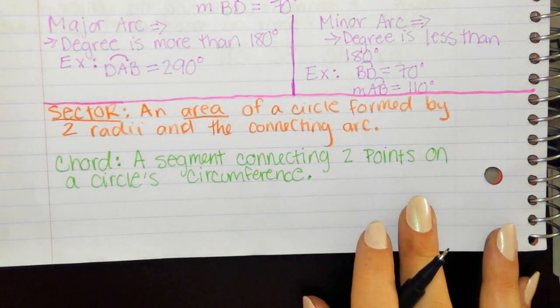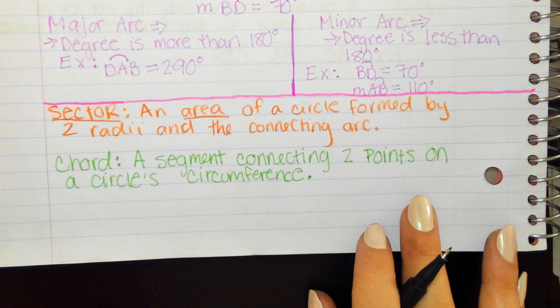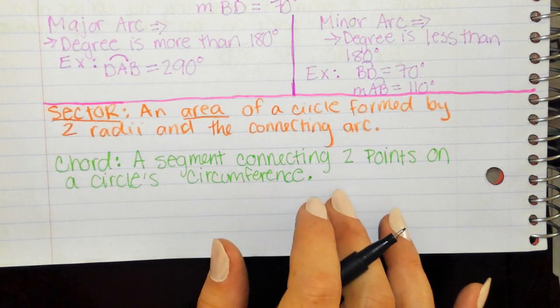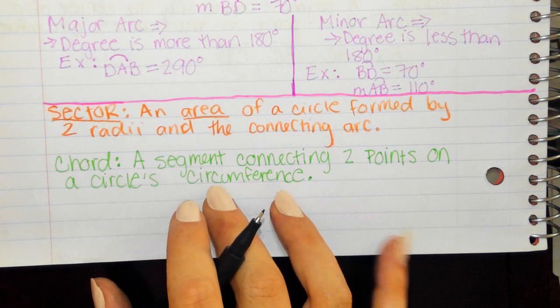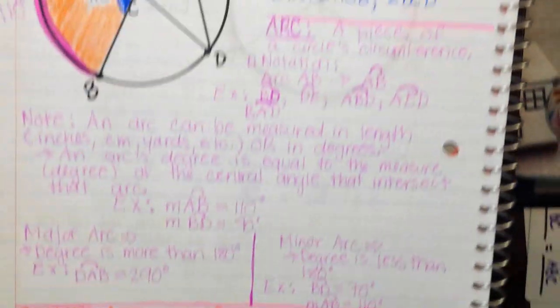Sorry, my husband's sneezing in the background. Okay, so a chord, unlike a radius, is any line or any segment that connects two points on the circle's edge.